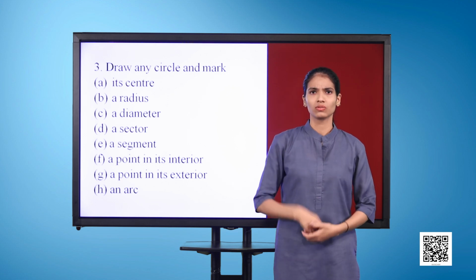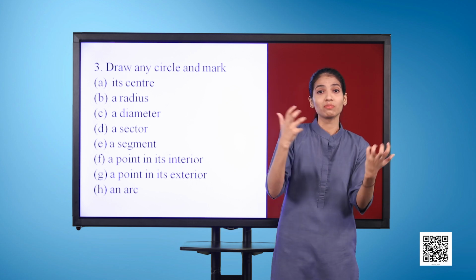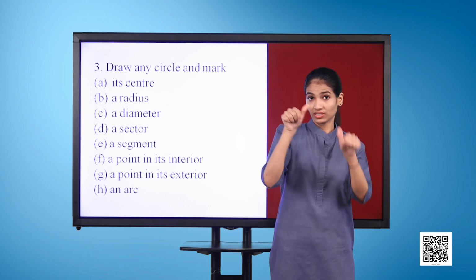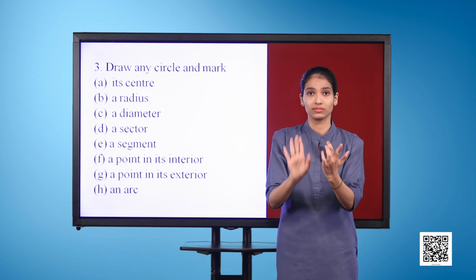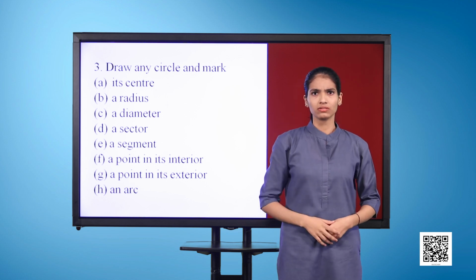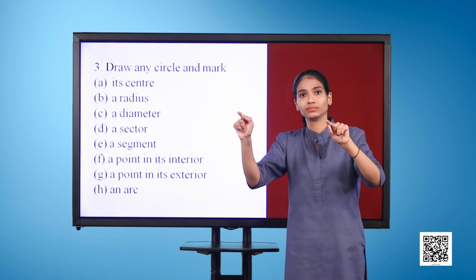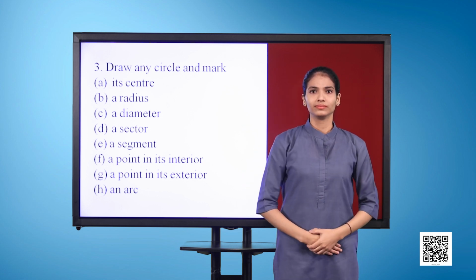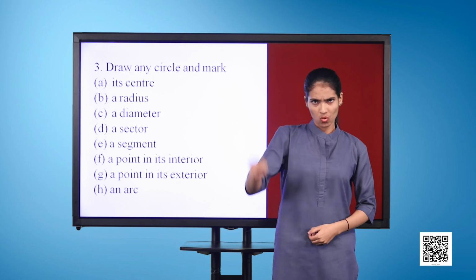3. Draw any circle and mark: A. Its center. B. A radius. C. A diameter.